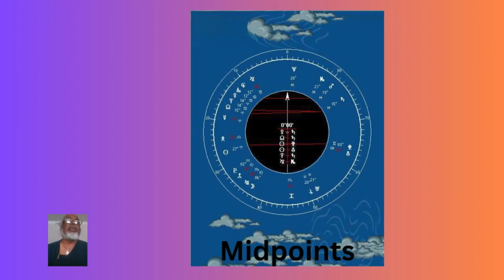But I use Solar Fire, and it can be generated in other programs. WinStar is another one, and various others. I'm sure Janus is one. It depends on what software you have, but it's now kind of the standard of how we calculate charts.